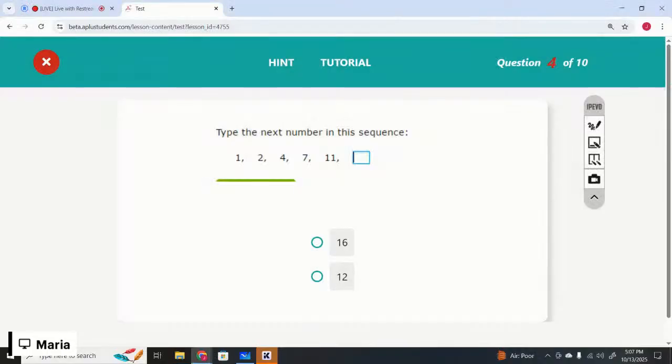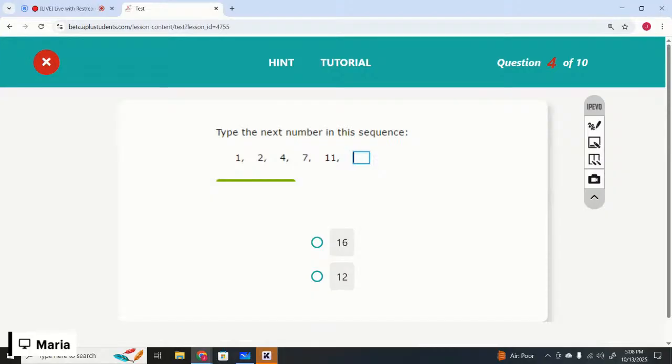Type the next number in the sequence. So, which is the next number in the sequence? One plus one is two. Two plus two is four. Four plus three is seven. 7 plus 4 is 11.